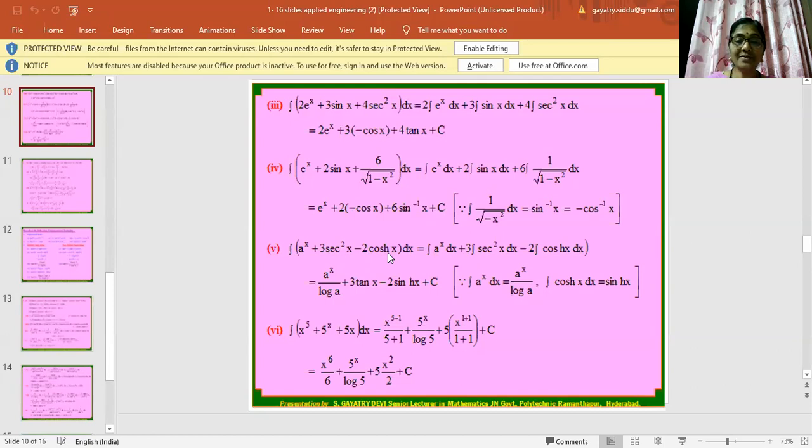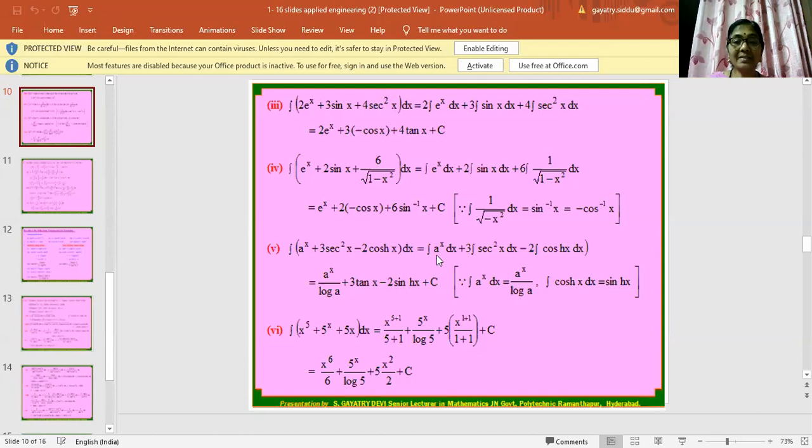Coming here, hyperbolic functions: a power x plus 3 secant square x minus 2 cos hx. For this whole expression, you have to find the integration with respect to x. As usual, split the integration to each term. So integral a power x dx plus 3 into integral secant square x dx minus 2 into integral cos hx dx.